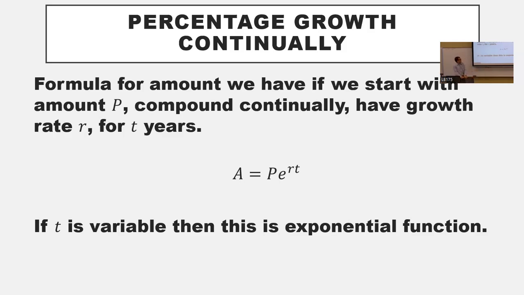And money can also grow continually as well, but usually banking's more like monthly, quarterly, yearly stuff. So population growth often happens continually, whether it's population of bacteria or population of humans or anything like that. A equals P e to the rt.